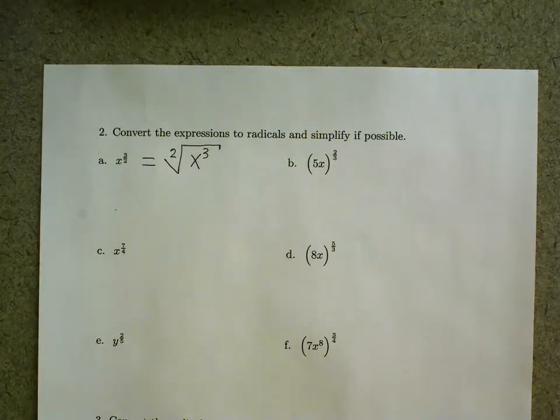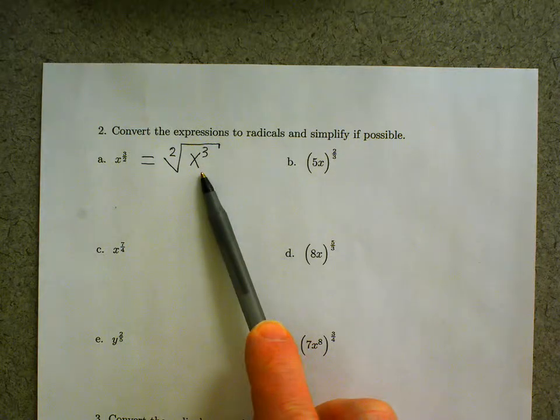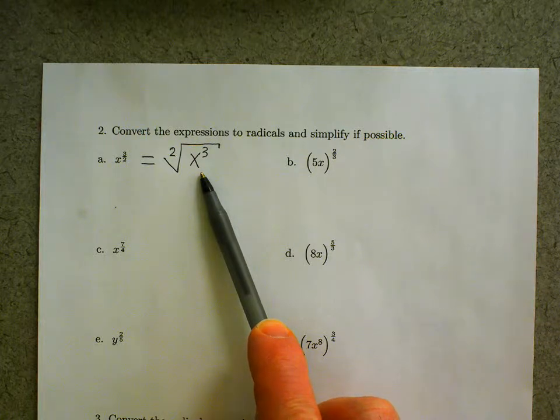So to simplify the square root of x to the 3rd, we identify the largest factor of x to the 3rd that is a perfect square. So the largest factor of x to the 3rd that is a perfect square is x to the 2nd.